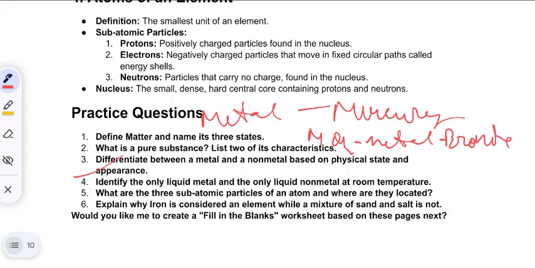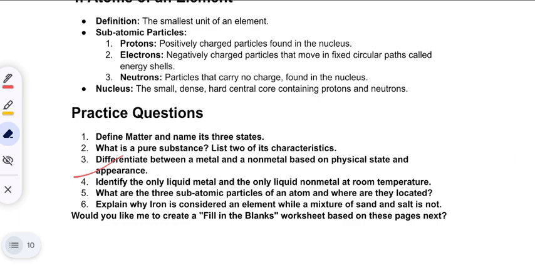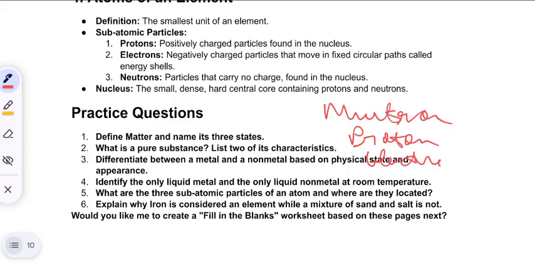Fifth question: what are the three subatomic particles of an atom and where are they located? They are the parts of an atom: neutron, proton, electron. Protons are positively charged, electrons are negatively charged, and neutrons do not carry any charge. Now, where are they located? Protons and neutrons are present inside a dense central core called the nucleus.